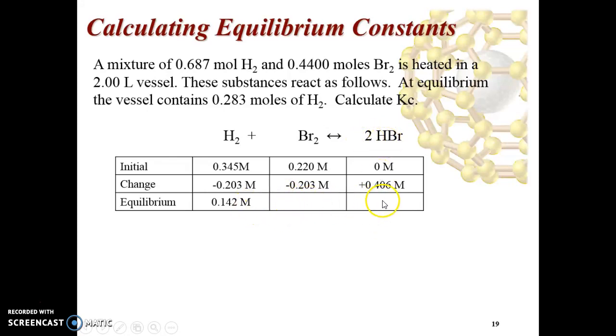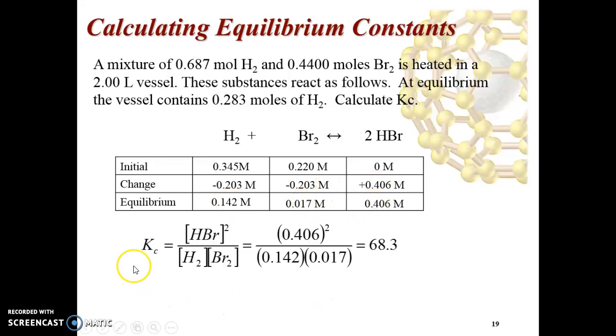Now all I have to do is add everything up. So I'm losing Br2, so what do I have left with? A very small amount. And I'm gaining HBr. 0 plus 0.406 is 0.406. Now these are the numbers that are going to go in the equilibrium expression. So the equilibrium constant is equal to the expression that you see.